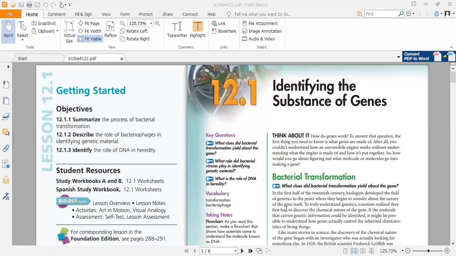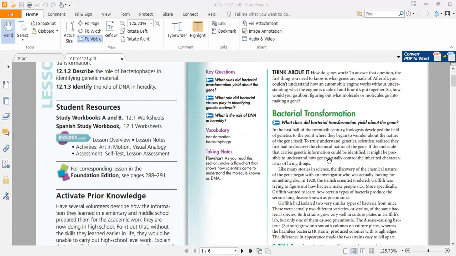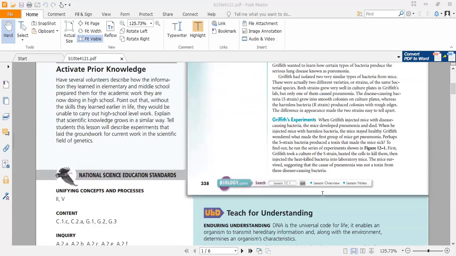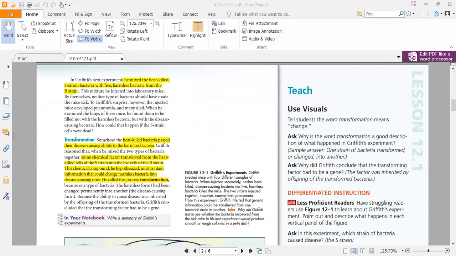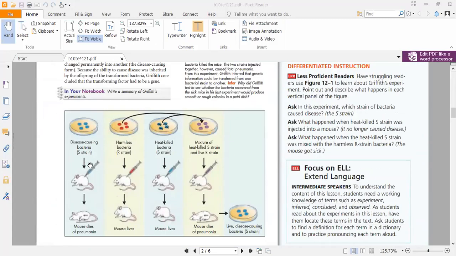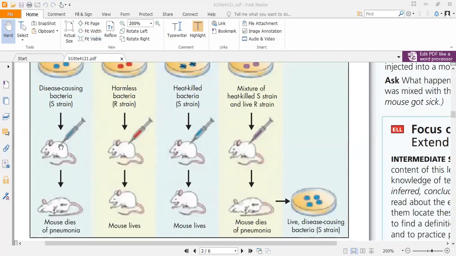So, in this lesson 12.1, we were identifying the substance of genes. We started with Griffith's experiment for bacterial transformation, which we have explained more than twice. Injection of the mouse with the S strain, the mouse is dead.